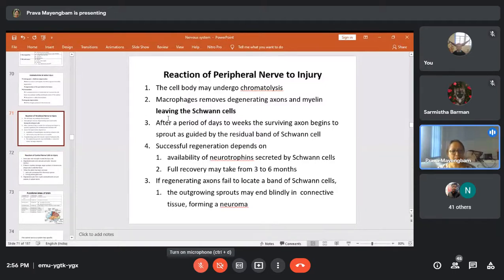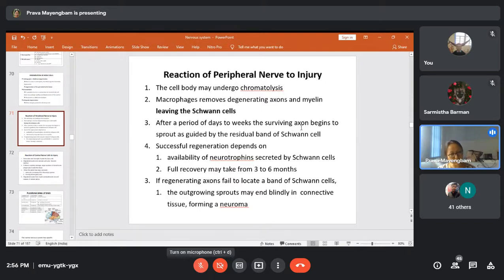So after a period of days to weeks, the surviving, leftover axon will begin to sprout, guided by the residual band of Schwann cells. These Schwann cells are going to nourish, to provide nutrition to this surviving axon.